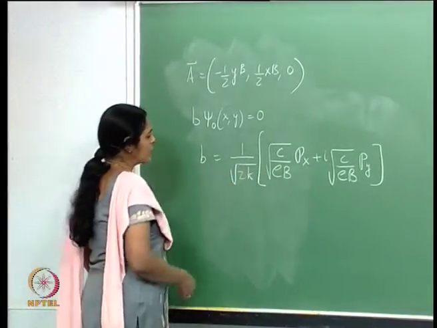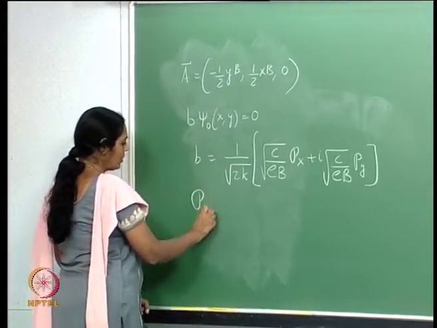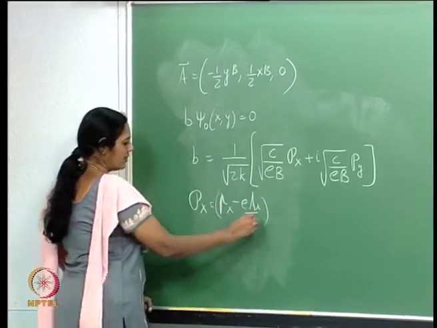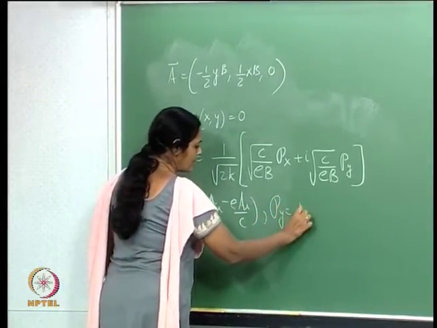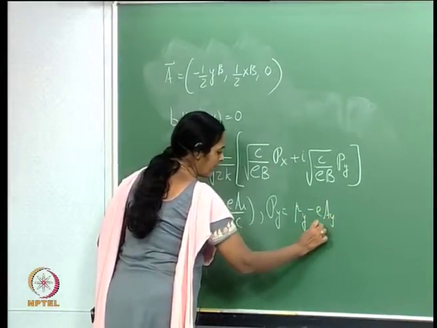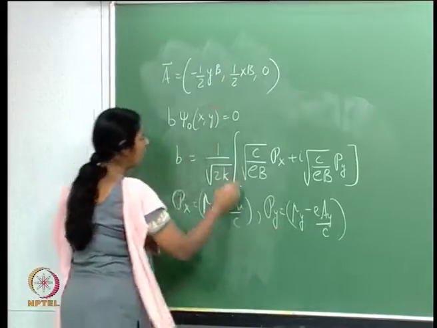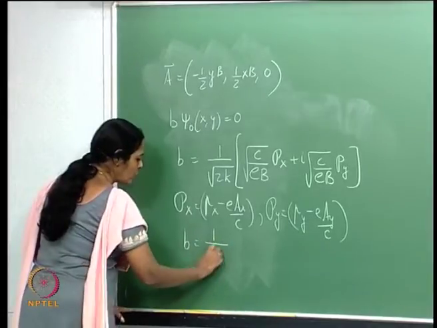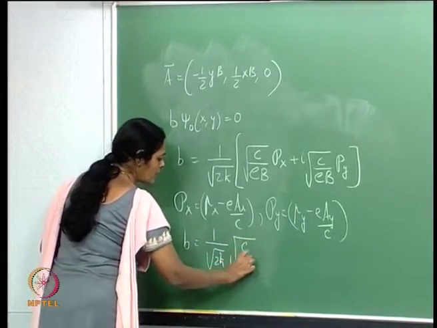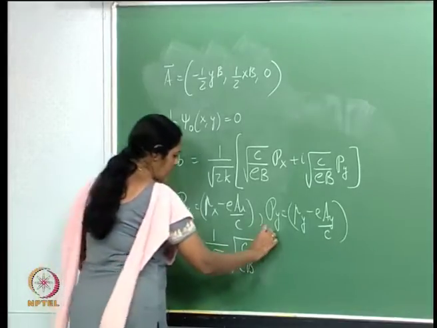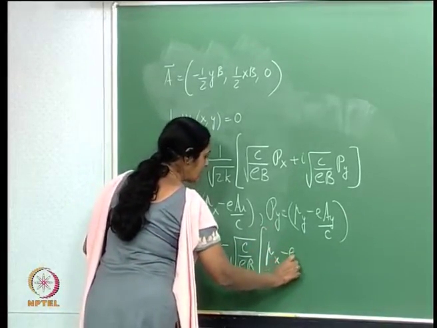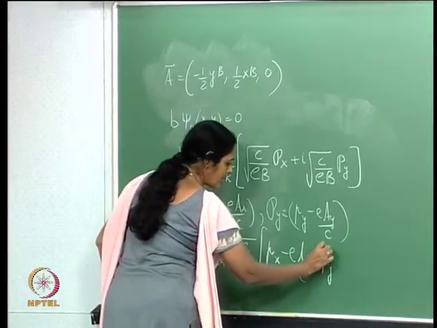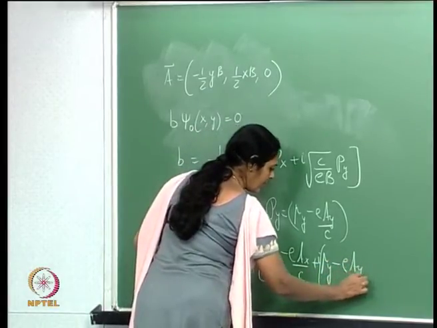Since this was the manner in which we had defined b, let us now recall that capital Px is little px minus eAx by c, and capital Py was little py minus eAy by c, and substitute for Ax and Ay accordingly, and then you have b equals 1 by root of 2 h cross, root of c by eB, times Px minus eAx by c plus i times Py minus eAy by c.